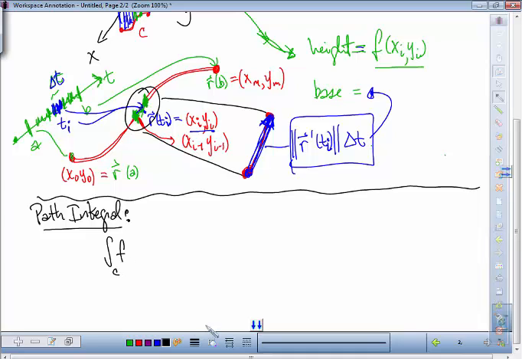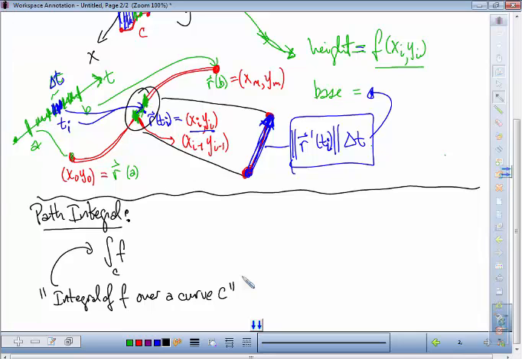A path integral is going to be, in quotes, the integral of some function f over a curve C. So that is our definition for a path integral.